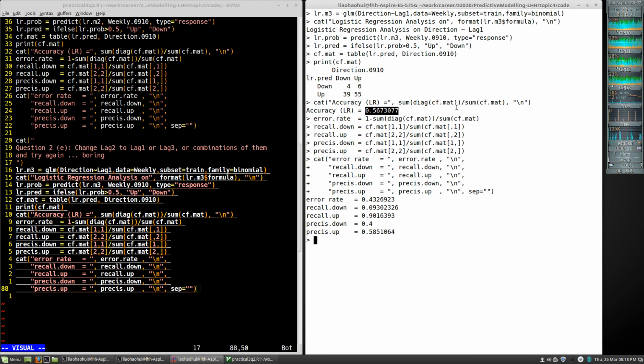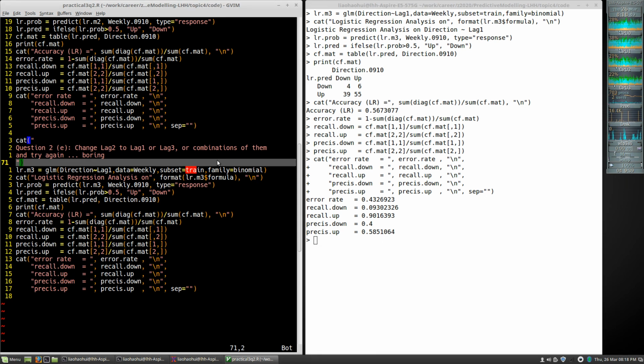If it is not very significant, it may sometimes not be statistically meaningful. So that is the end of question number 2. You can definitely play around with other variables, such as Volume, and see whether it works or not. But anyway, I'll just stop here.